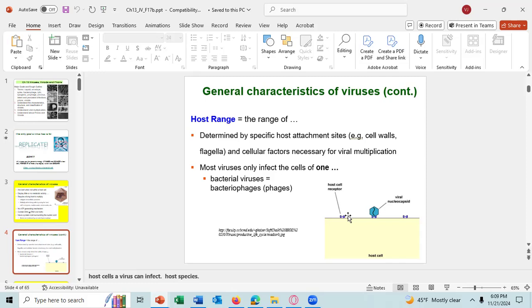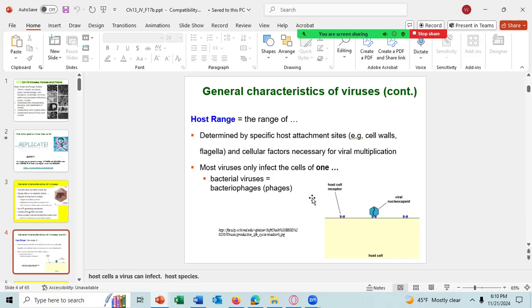HIV cannot infect your muscle cell or your bone cell. And it can only infect cells of two species, humans and chimpanzees. Most viruses are very specific for the number of cells that they can infect.